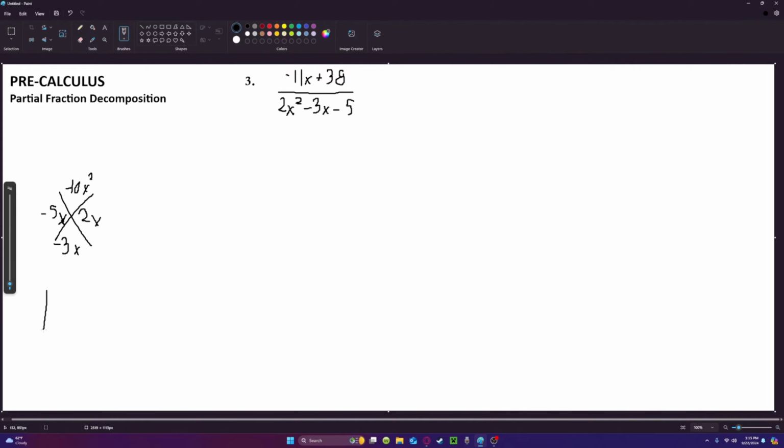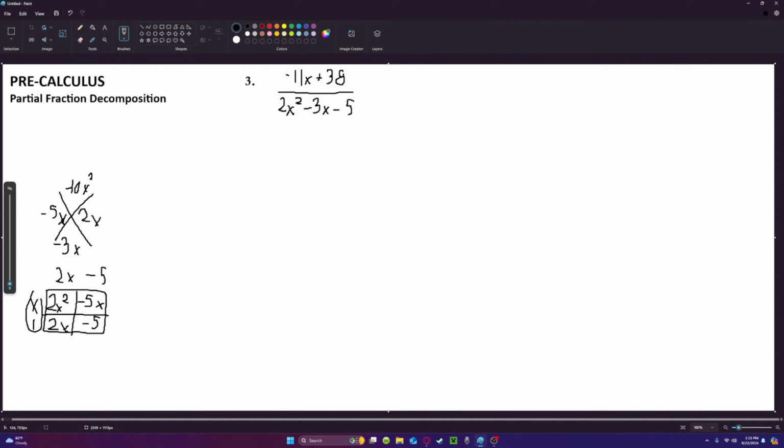So then we make our little box right here. We got 2x squared, negative 5x, 2x, and negative 5. So then we get x, 2x, 1, and negative 5.